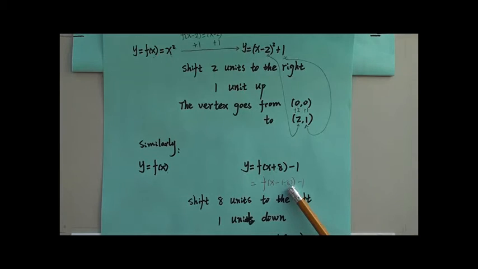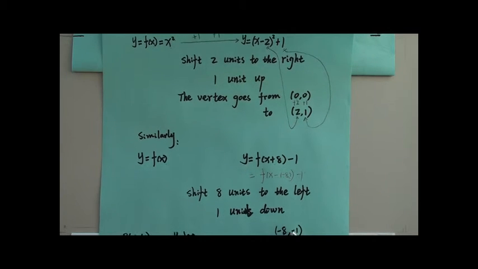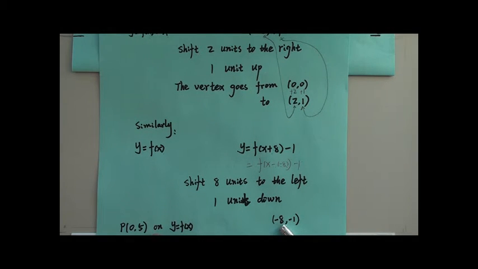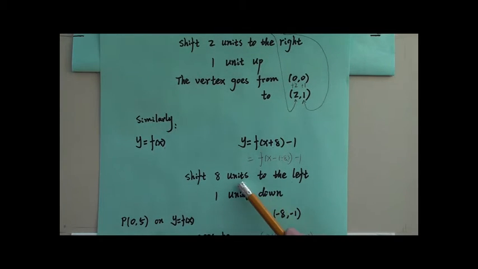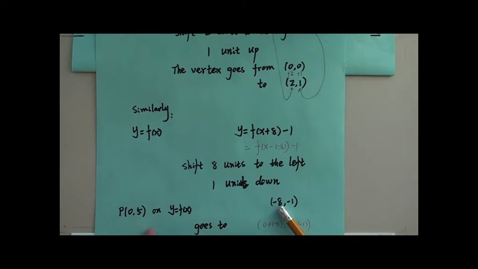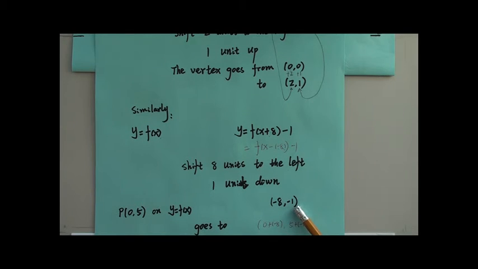And here it is negative, so 8 units to the left, 1 unit down. So you may write negative 8, 1. 8 units to the left, you may write like that. 1 unit down, that's negative.